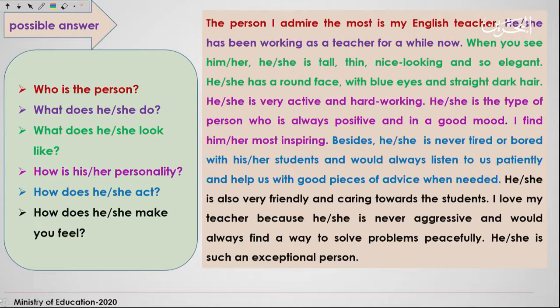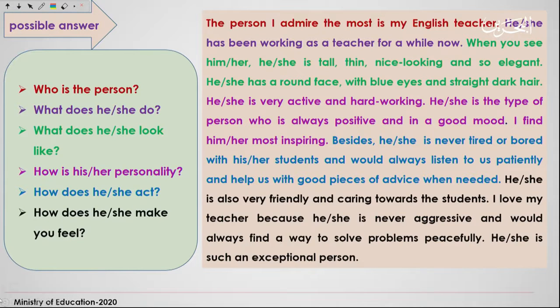I'll give you 1 minute to read it and then I'll read it along with you. Let's read it all together. The person I admire the most is my English teacher. He or she has been working as a teacher for a while. When you see him or her, he is or she is tall, thin, nice looking, and so elegant.